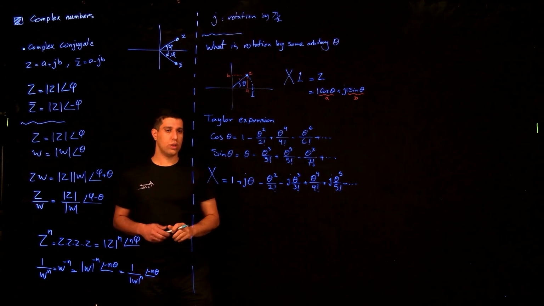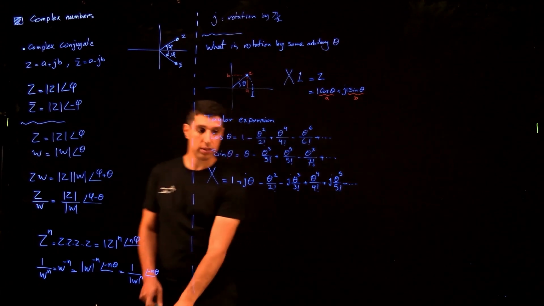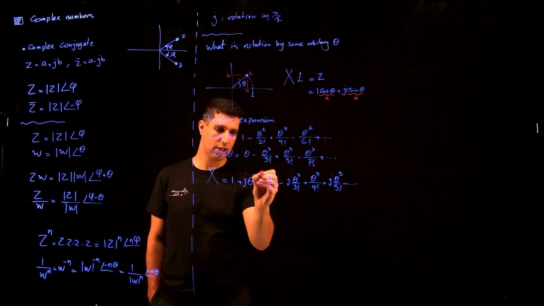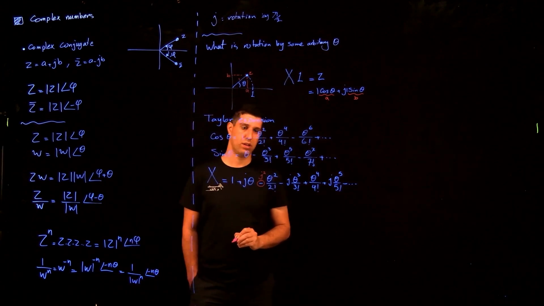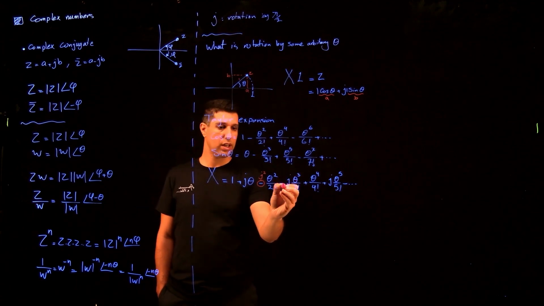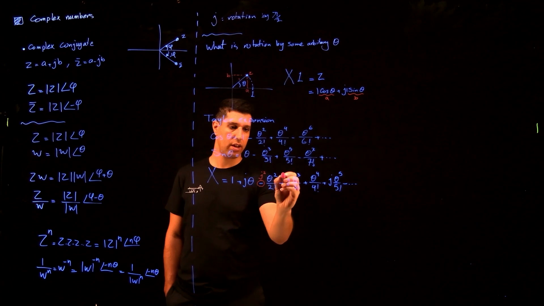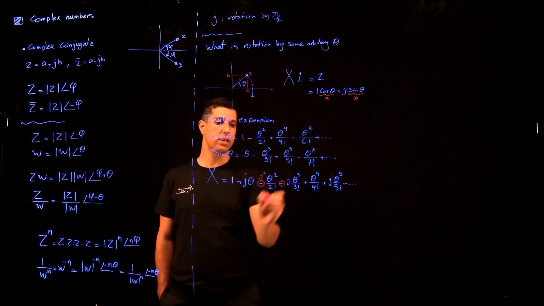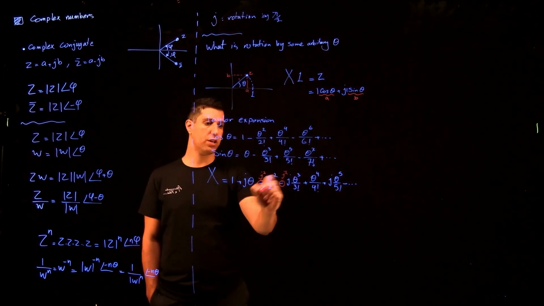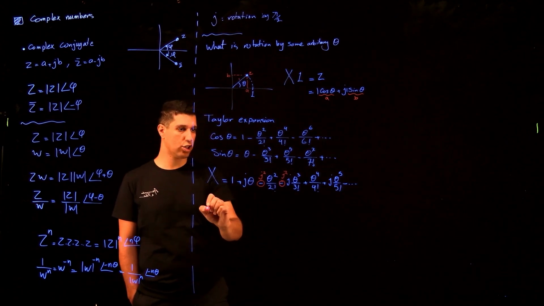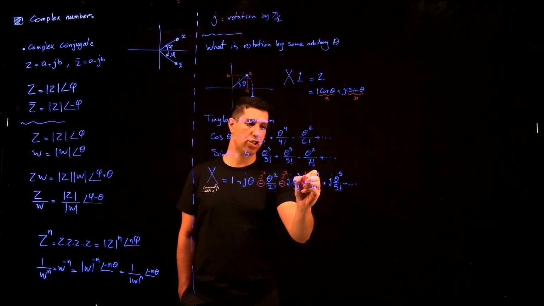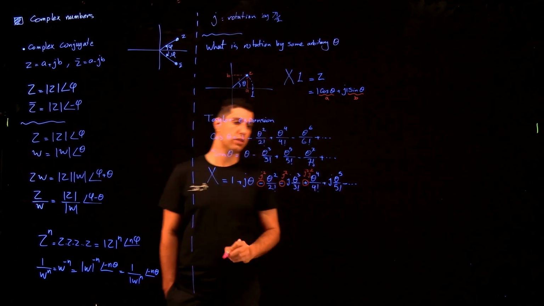So I'm going to now do a little trick. I'm going to take out this minus sign, call it j squared. And this minus j, I take the minus, make it j squared, and multiply by this j, I have j cubed. I take this plus and make it j squared times j squared.